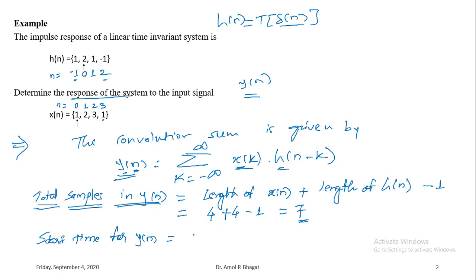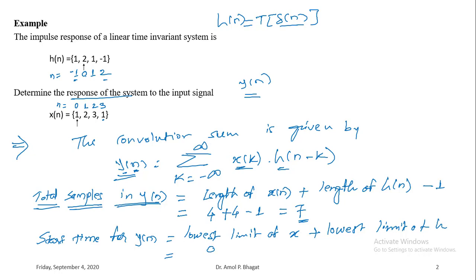So here we are adding the lowest limit of x plus the lowest limit of h. This is how you identify the start time for y of n. The lowest limit in h of n is minus 1 and the lowest limit in x of n is 0.